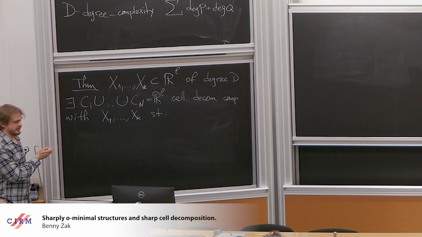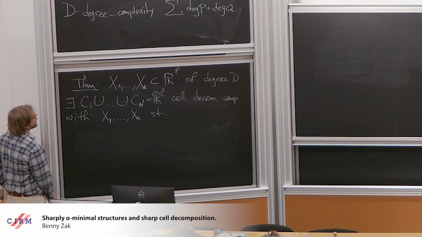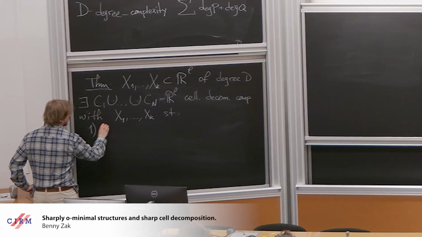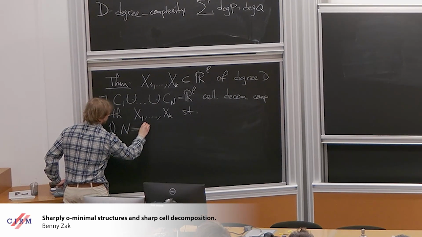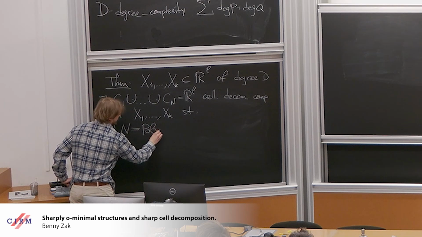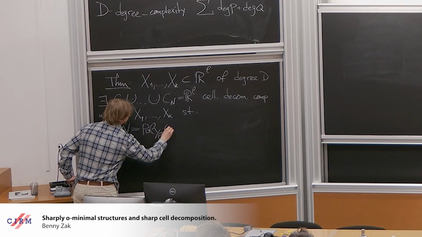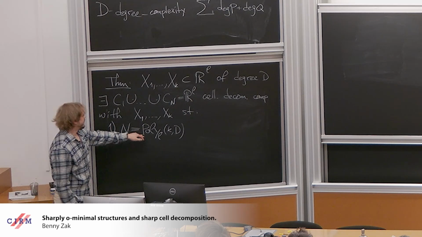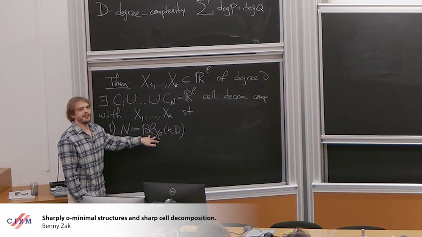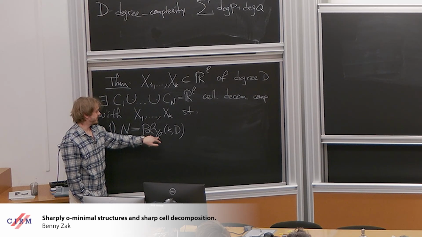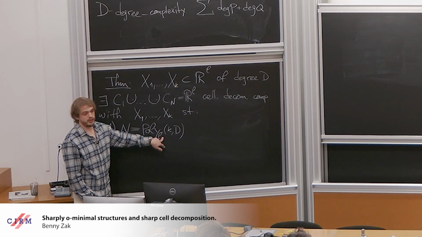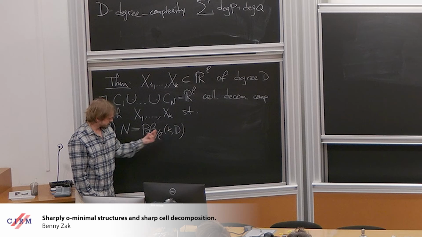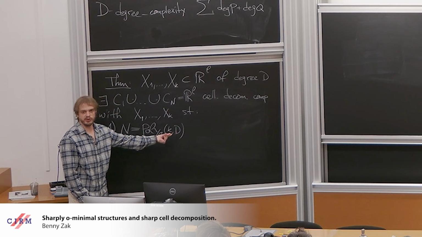This is just a general theorem of O-minimality, but we want to say something about the number of cells. So the number of cells is going to be polynomial in K and D. About this notation, what this means is a particular polynomial that depends on L. So its coefficients and the degree can depend on L, but you plug K and D into this polynomial.